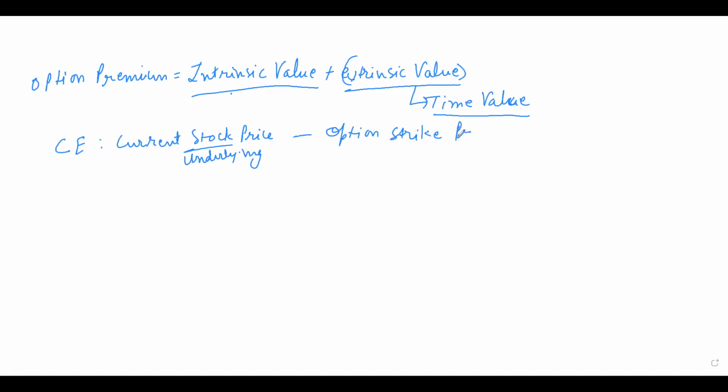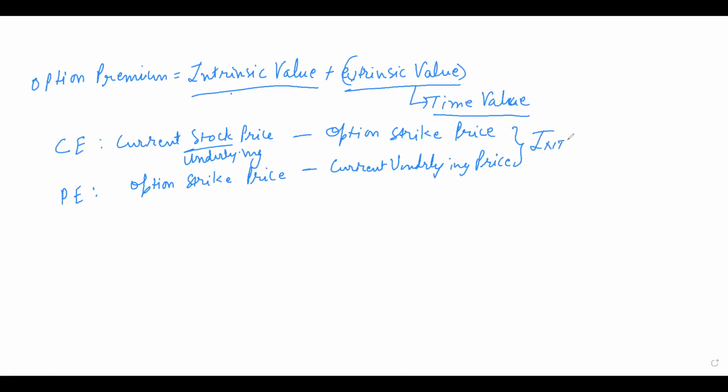The option strike price is the strike price of an option contract. Similarly, the put option has an intrinsic value formula of option strike price minus the current underlying price. So both of these are formulas for the intrinsic value. And then there is extrinsic value, which I will be getting back to in a while.